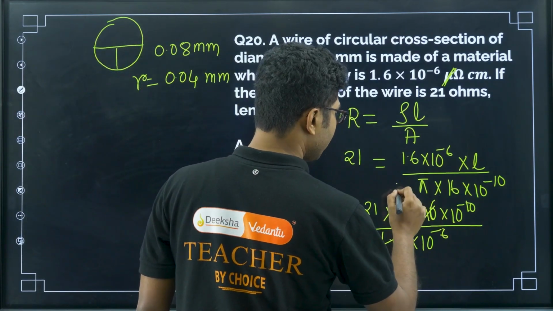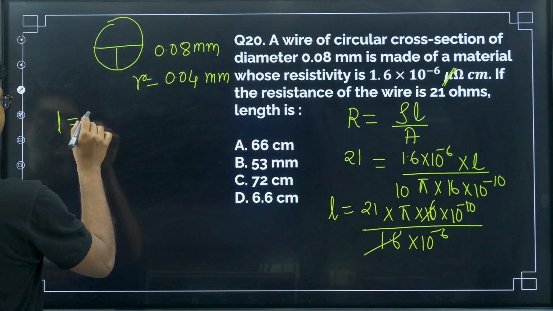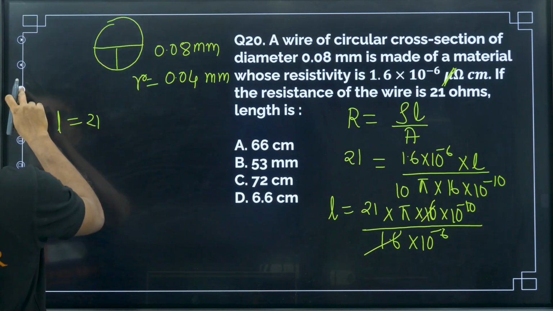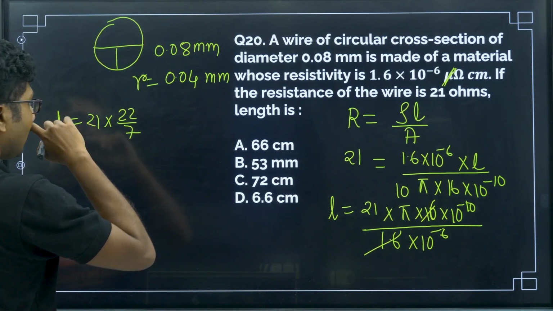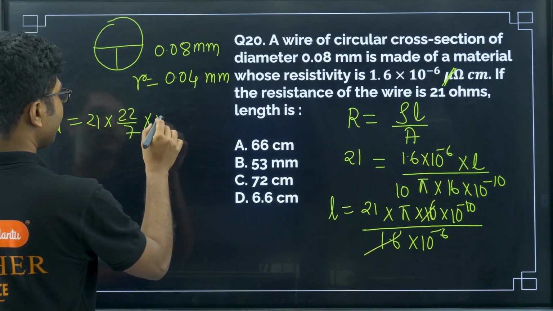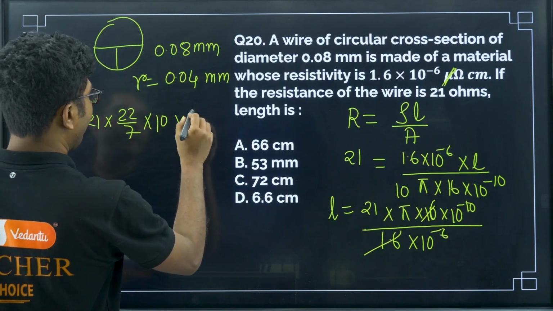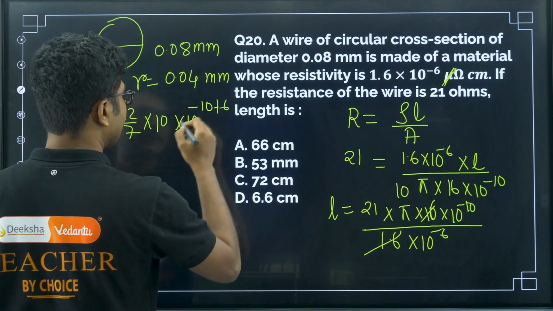Similarly, here it will also be 10. So L will be 21 pi. Now let me write pi as another familiar value, 22 by 7. Okay, why? 21 is there, so we will use this opportunity to cancel. Now 10 to the power of minus 10, and this will go up and it will become plus 6, right?